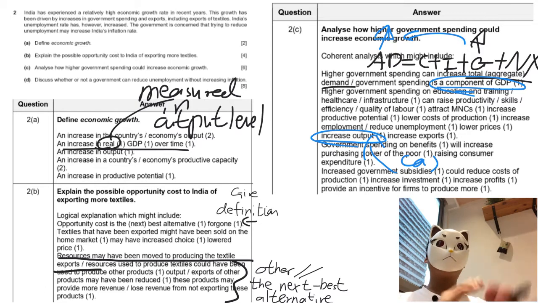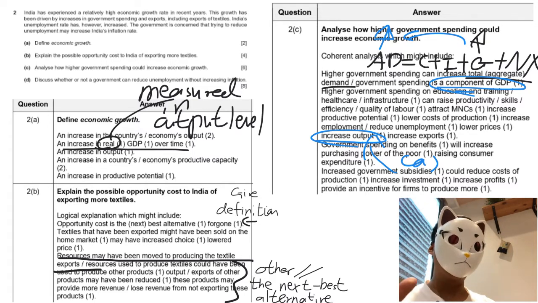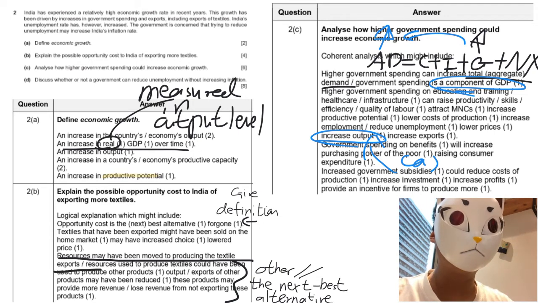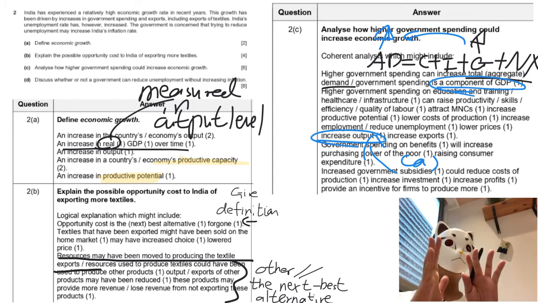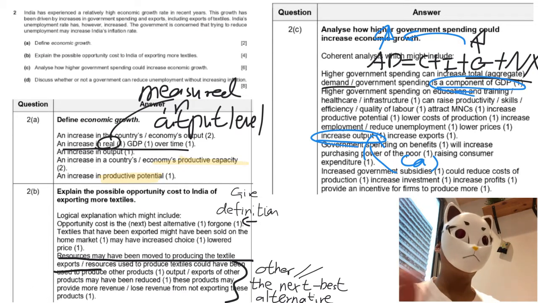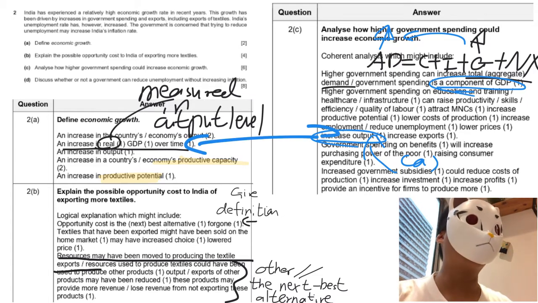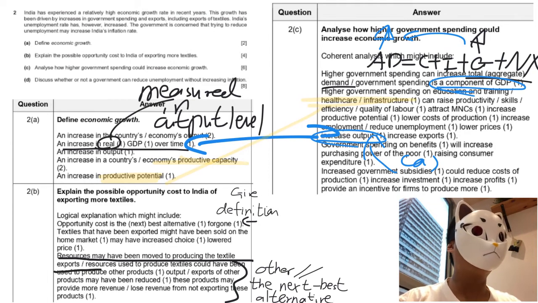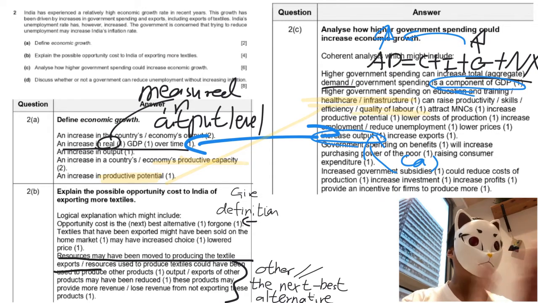So we might refer to part A to see the other definitions for economic growth. For example, we can talk about productivity, which is another way to measure it, so we can link it up from part A. We can talk about healthcare and infrastructure. If the government spends on these, the productivity will rise.